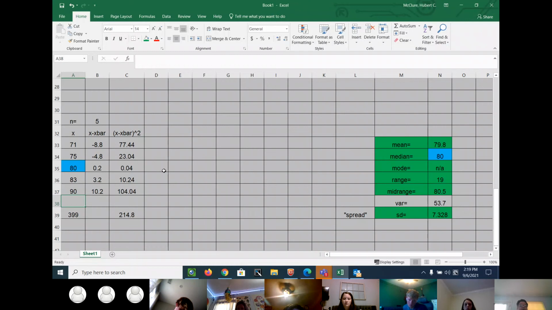And that gives us the summation of 399. That's going to be 399 over 5. And that comes out to be 79.8. Everybody in here should be able to do that because you've been finding your test average since, like I said, the 7th grade. So everybody in here can do that.